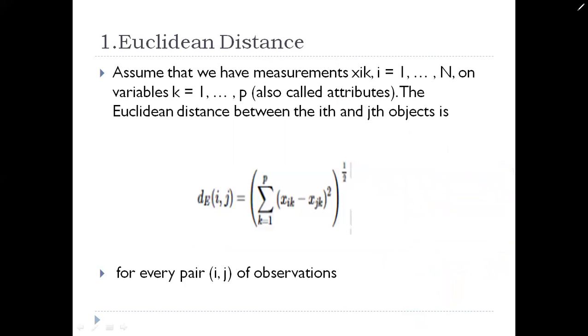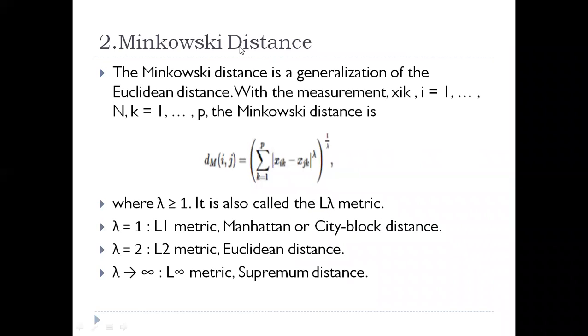In the same manner, here we are going to calculate Minkowski distance. Minkowski distance between i comma j equals sigma k equal to 1 to p, of |xik minus xjk| to the power lambda. For Minkowski distance, the lambda value may be 3, sometimes 4 also, that is your wish.